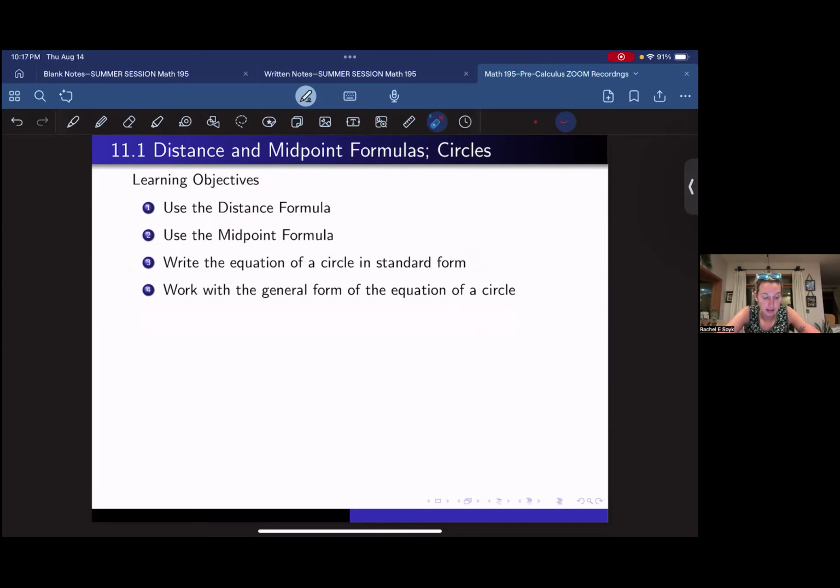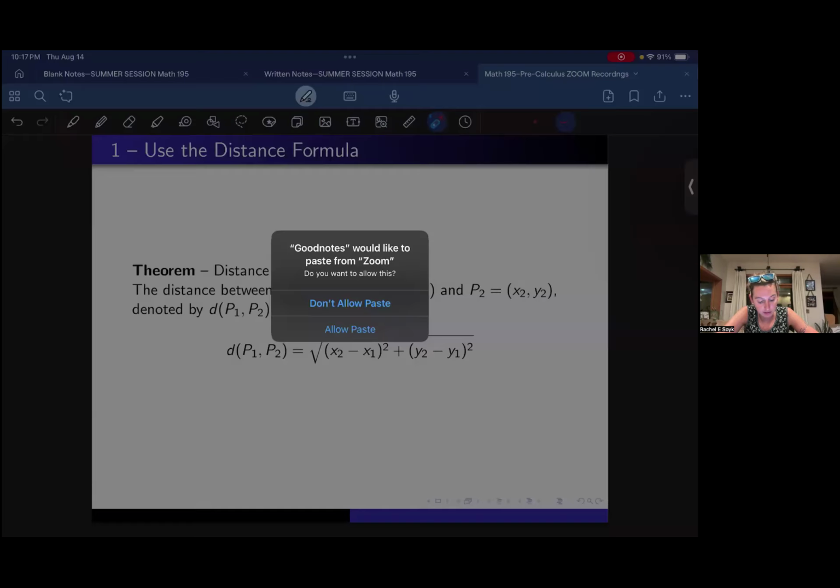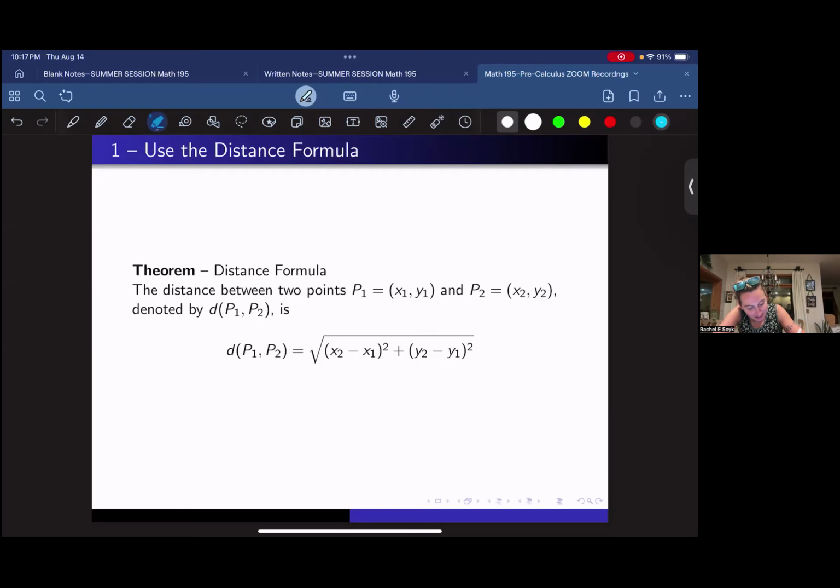First up is our distance formula. And the distance formula is really, I guess I'll just highlight. I had the blue all pasted and ready to go, but it's okay. Distance formula is really just Pythagorean theorem in disguise.